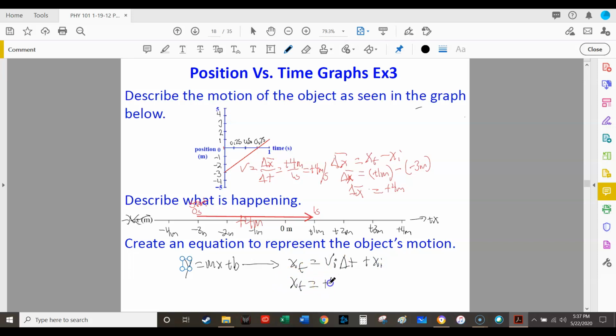It was traveling at a positive 4 meters per second over the period of 1 second, delta t, plus the initial position. It started out not at a positive position, but actually a negative position. And so this is the predictive equation. Pretty cool.